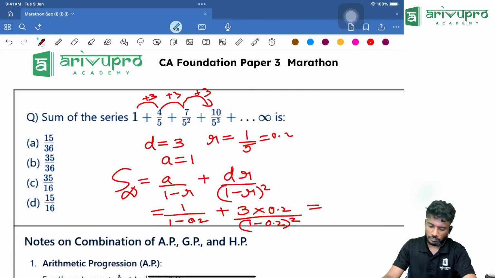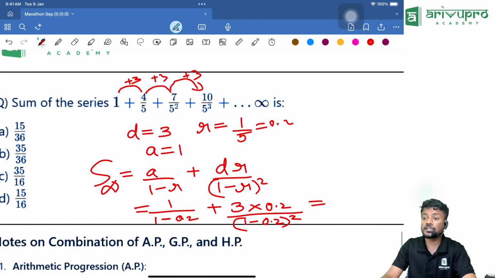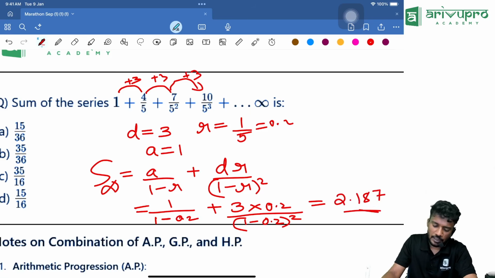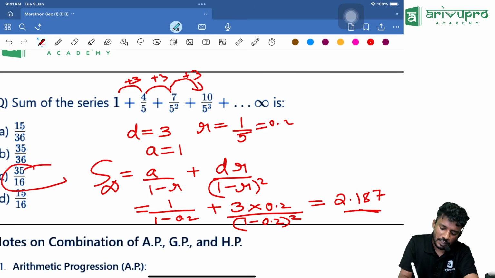Check again. 2 point? Option C. How much is it? 2.187. That means option C, which is equal to 2.187.